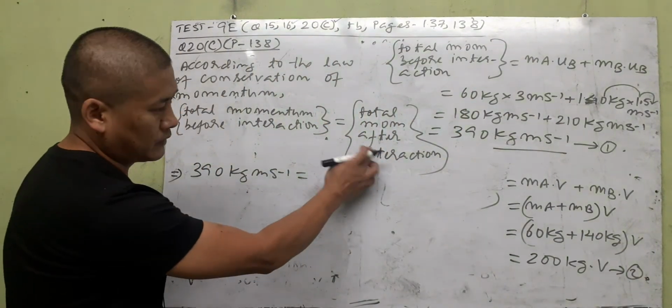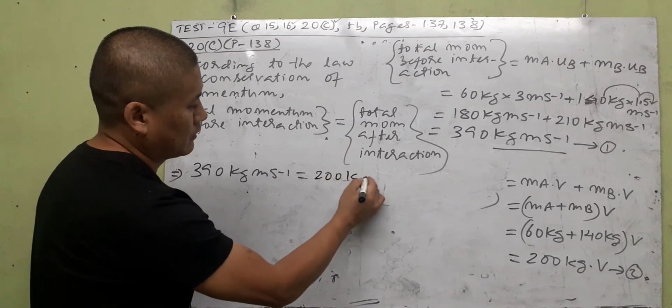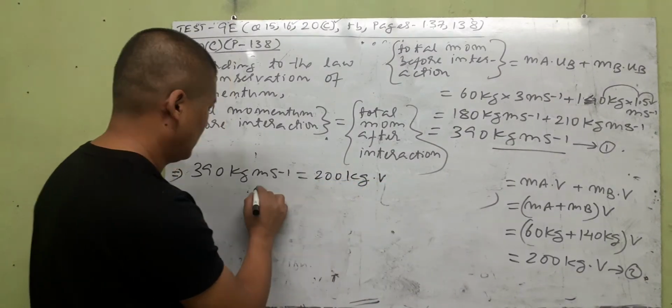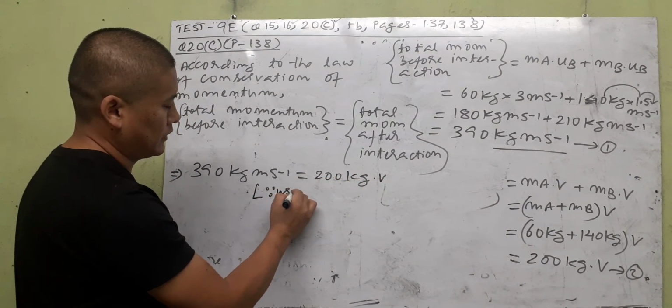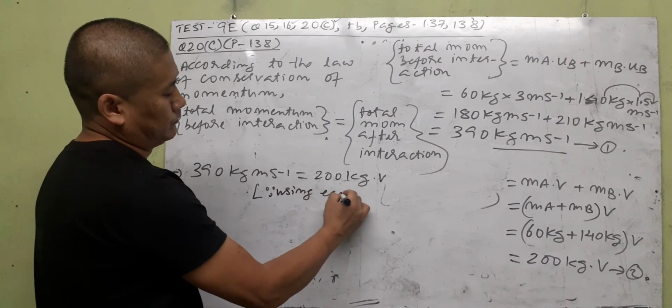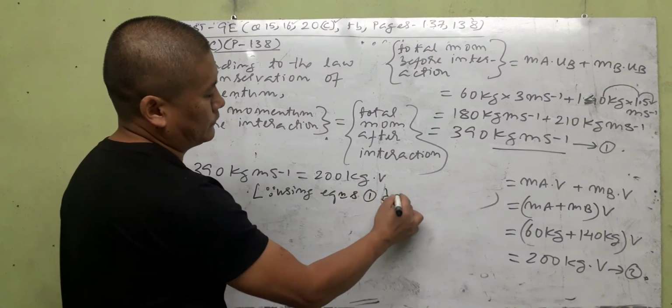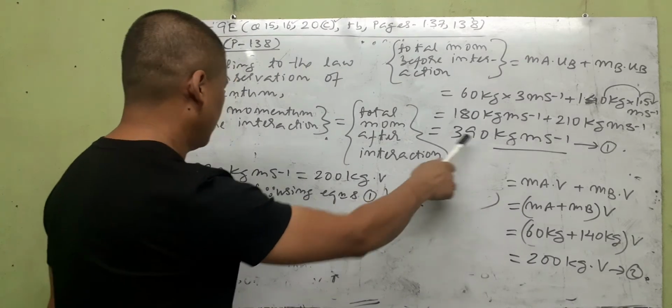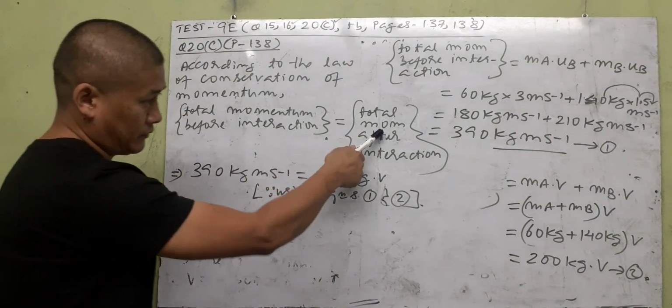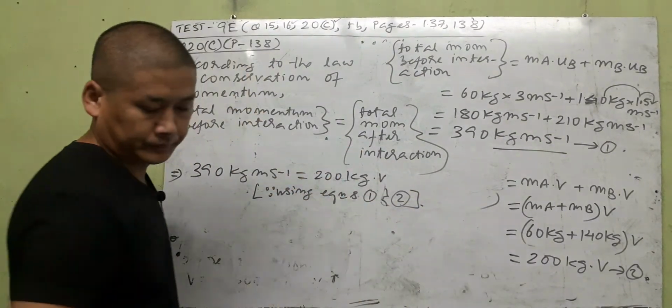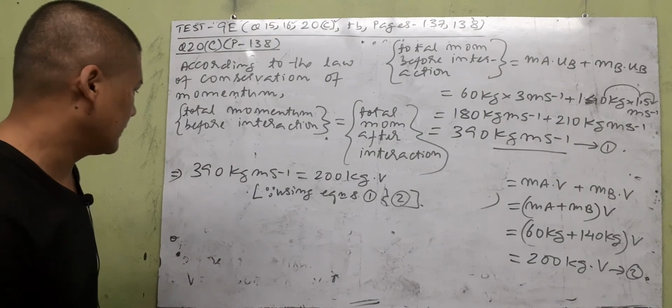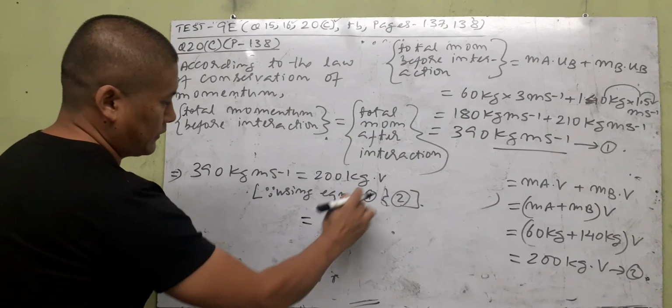So after is this 200 kg into V. We write here, using equations 1 and 2, that this 390 we're getting from equation 1, and this 200 we're getting from equation number 2.